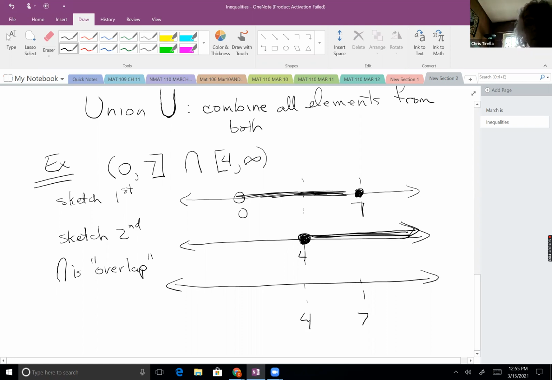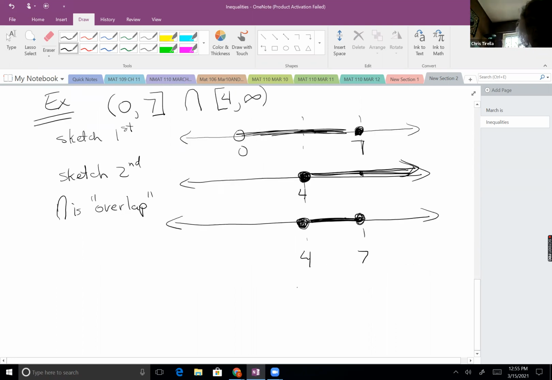This one includes 4, this one includes 4, so we'll include 4. This one includes 7, so they both have the 7. And I'd have everything in between. So that would be my number line sketch. In interval notation, it would be the closed interval from 4 to 7.